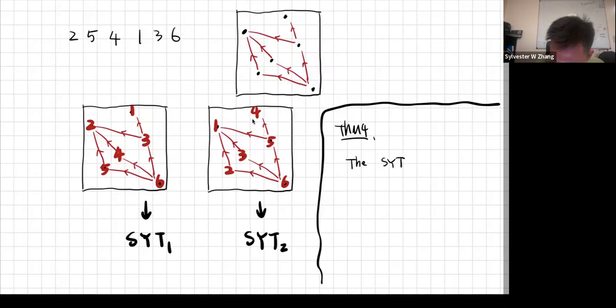The SYTs you get are precisely P of w and Q of w. And bear with me, I never remember which one is P and which one is Q, but these two are the ones that you want. Okay.